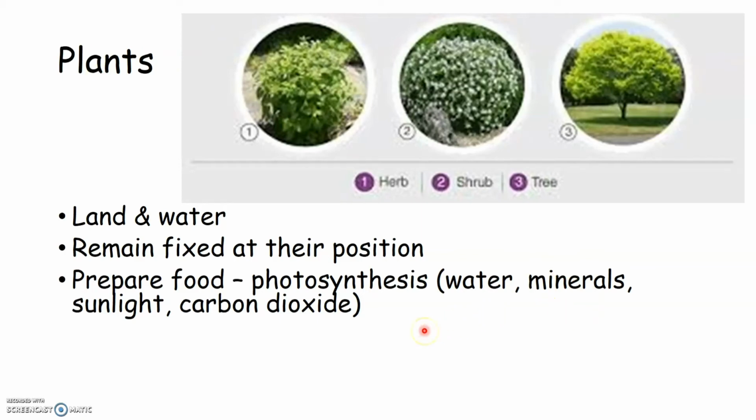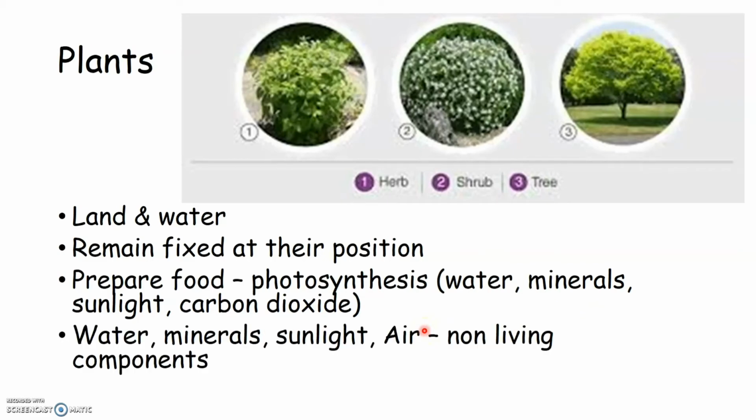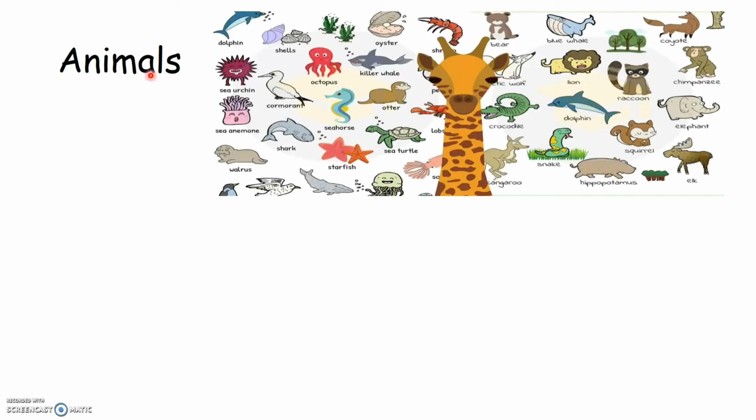Now, let us have a look at the next living component, that is animals. Now, let us learn about the next living component that is present in the environment around us. They are animals. Just like plants, there are different types of animals also that are present in the environment around us. Now, do you think just like plants, animals live only on land and water?